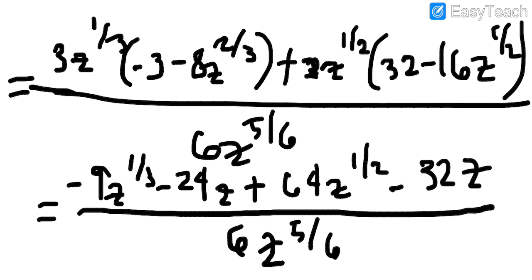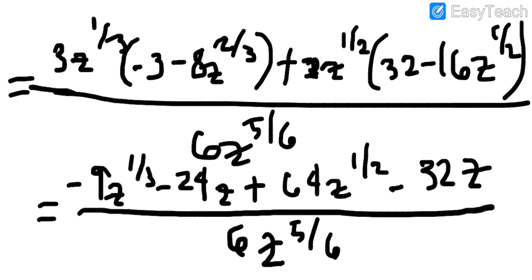Next, we will combine like terms. We start from the highest exponent, which is z. We combine these two because they are like terms, the same variable and the same degree. So negative 24z plus negative 32z is equal to negative 56z.